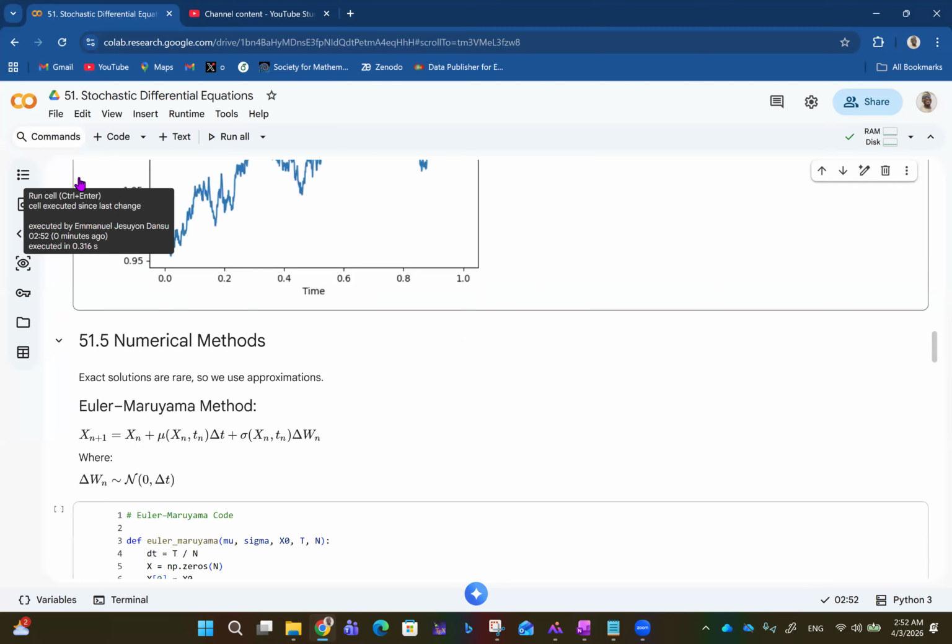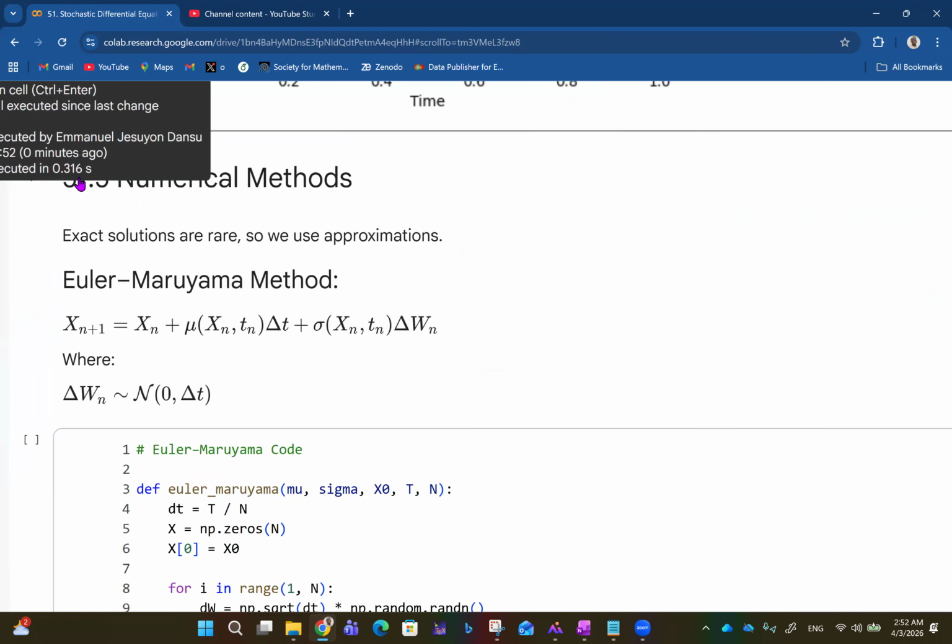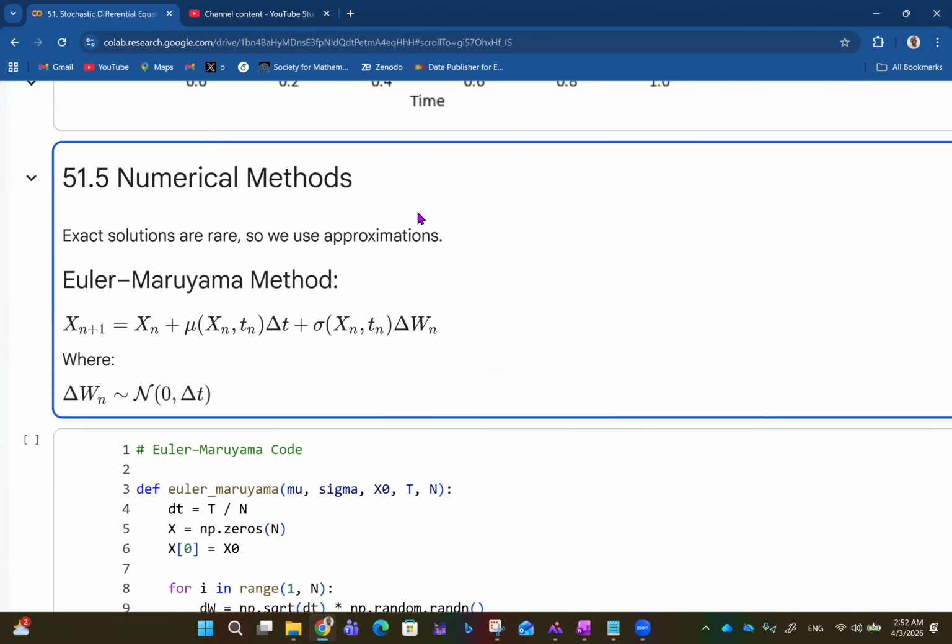That's a geometric Brownian motion. Then we have some numerical methods for solving stochastic differential equations. Exact solutions are rare for stochastic differential equations, so we use approximations like the Euler-Maruyama method. It's like Euler, but infused with randomness, as we see the Wiener process here, or the Brownian motion process.